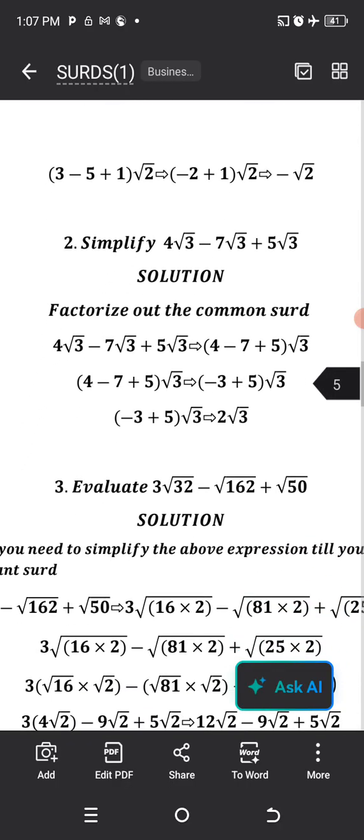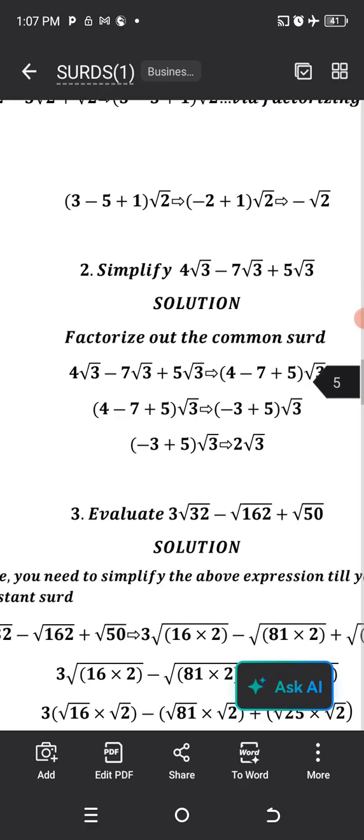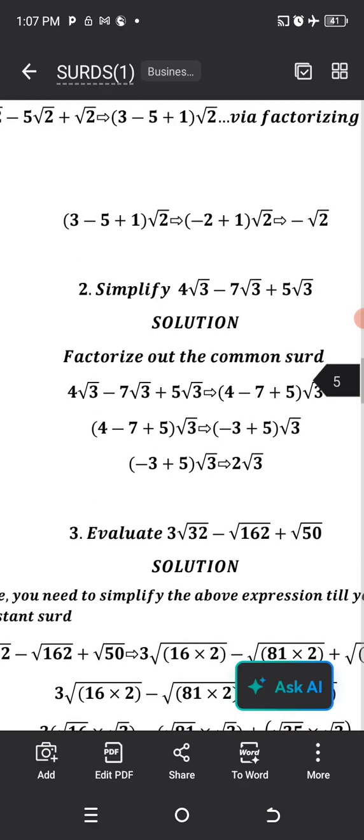The next thing is that you apply BODMAS rule, and recall that addition and subtraction have the same priority. The same thing goes for multiplication and division. So it depends on where to start, and the rule says you start from where? You start from the left. Sure you get it now.